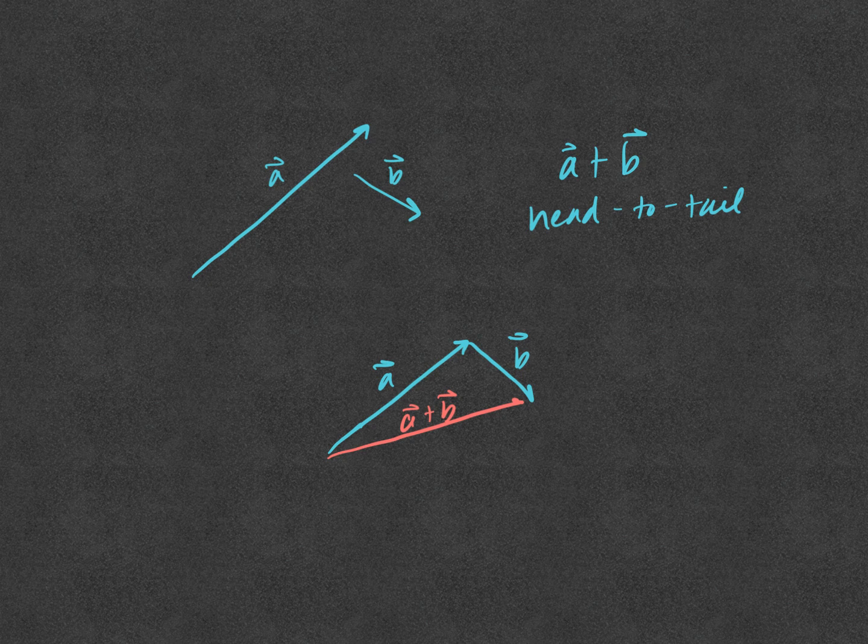There's also the triangle law, and the triangle law says that if you take A, I think it's about like that, and B, and you put them tail to tail, then you could draw a parallelogram from there, and from this side you could put A, and from this side you could put B, and it forms a parallelogram.